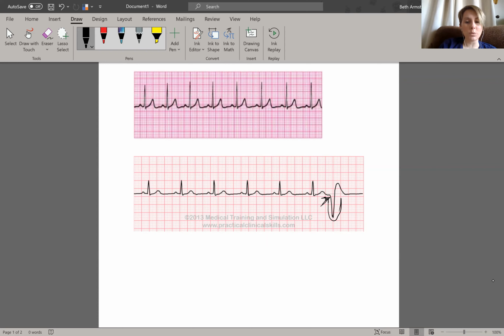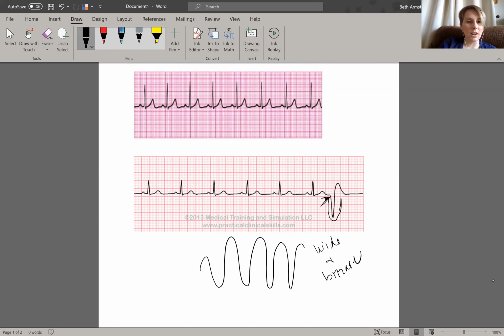When you see what it says, wide and bizarre, that's what a VPC looks like. So when you see these kinds of things, that's a VPC. And sometimes you'll see runs of these where they kind of look like this, right?